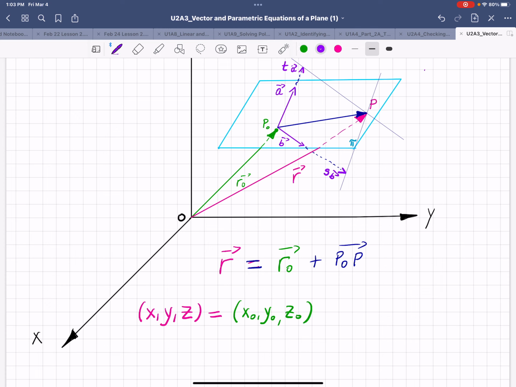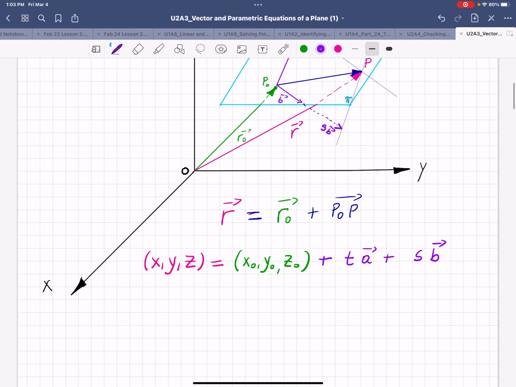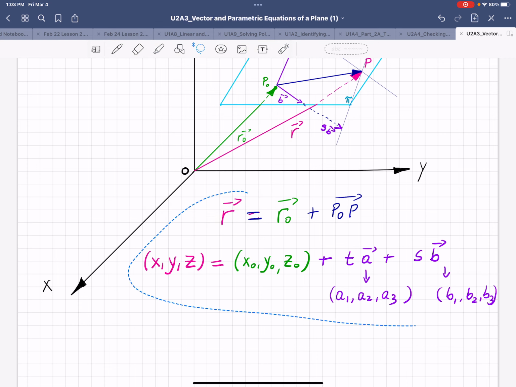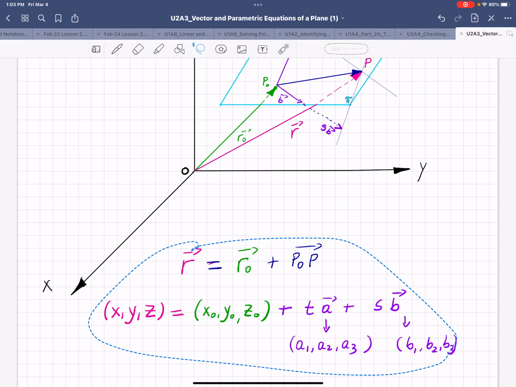And then we're adding vector P0P, which we just discussed, equals t times vector a plus s times vector b, where a and b are the direction vectors. Now for vector a, we're going to use the coordinates a1, a2, a3. For vector b, we'll name the coordinates b1, b2 and b3. So therefore, now the equation will look slightly more complete and more interesting.